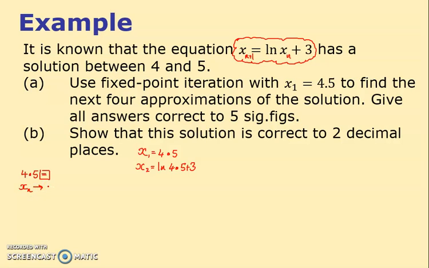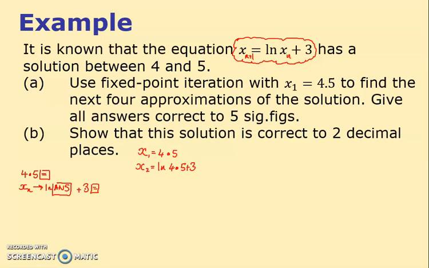I'm going to type into my calculator, well, it says log of, so I do log of the answer, plus 3, and then press equals. And the advantage of this is my last answer becomes my new answer. And I can just do this until I get the answer I want.